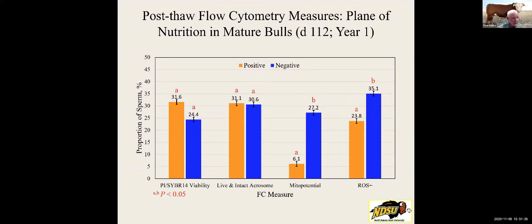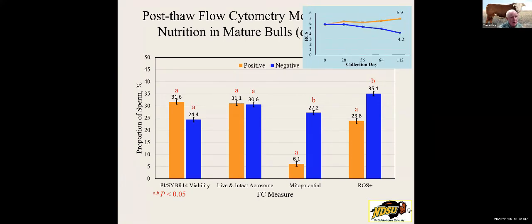I think that the take-home message from this is probably that it's related to body condition scores in these bulls. And if you look at the body condition score on day 112, those bulls on the positive plane of nutrition were almost a body condition score 7. And as David and Zach both referred to, scrotal temperature regulation probably is messed up when we get bulls to a body condition score of 7.